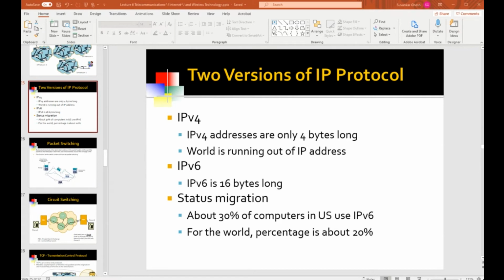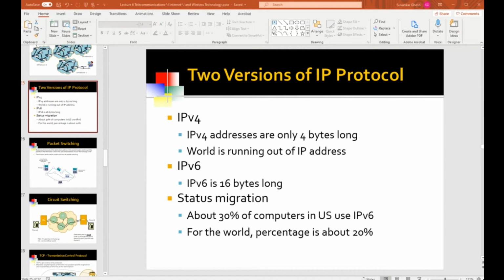It's this problem that IP version 6 addresses. Here, IP addresses can be 16 bytes long. So you get a huge boost in the address space for IP addresses, and the planet can support any number of computing devices that it wants, given this huge address space where an IP address is 16 bytes long. And like I said, IPv6 has been around for a long time. It's been on a slow motion migration from IPv4 to IPv6 over a number of years.